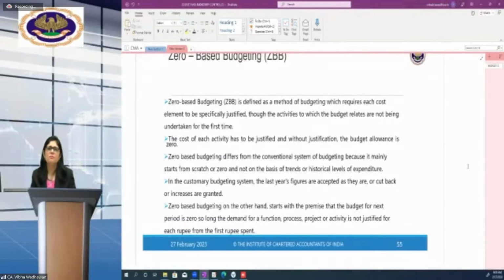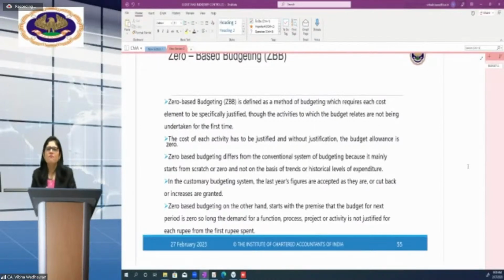Like in traditional budgeting, we make the production budget, the purchase department budget, the sales department budget, the raw material inventory budget. But in zero-based budgeting, the budgeting is not department-wise. The budgeting is activity-based. If there are 10 activities which we are going to do, which is the most important activity? So it's also called priority-based budgeting.